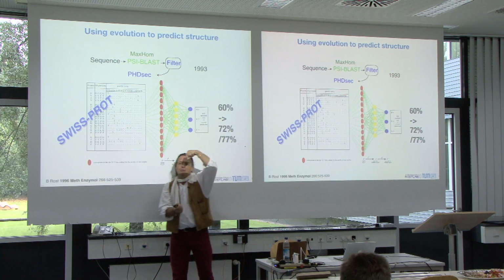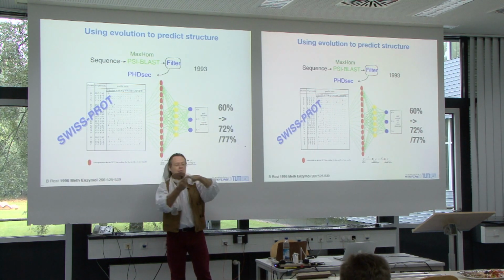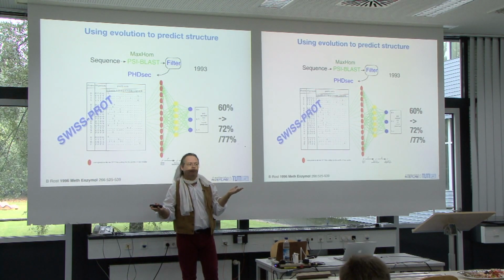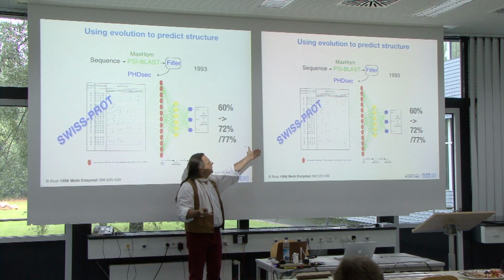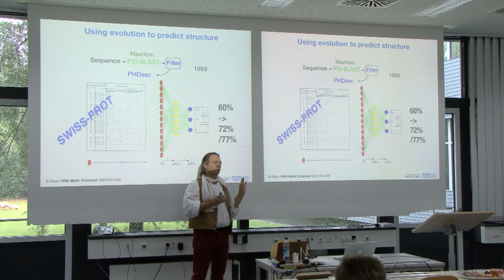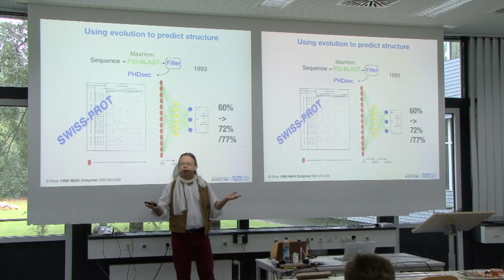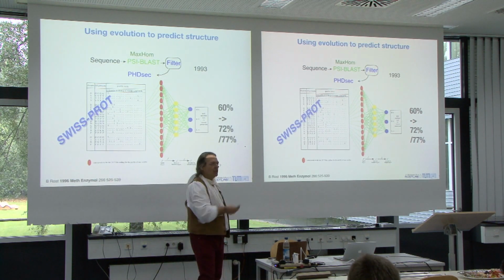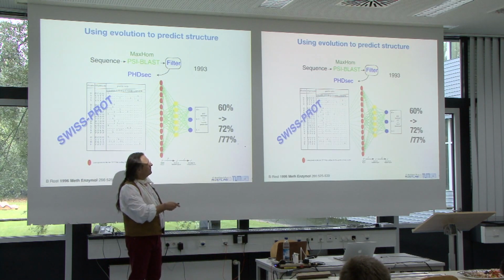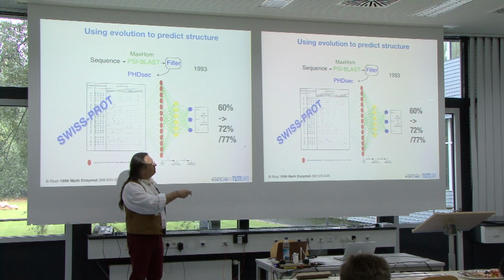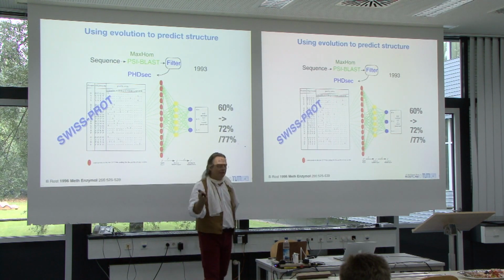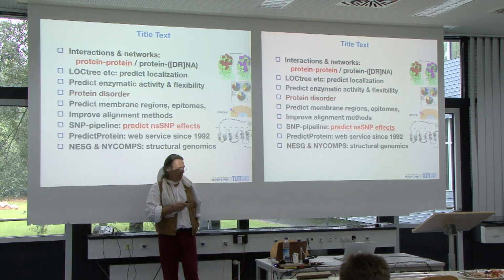For one window of 13 consecutive residues, you try to predict whether the central residue in that window is, for instance, in a beta strand. Okay? And the new thing now is, rather than putting in the sequence information, you put the alignment information in. That's essentially the combination of machine learning and evolutionary information, and that brought a big boost in the prediction of secondary structure and for many other things that were done afterwards.